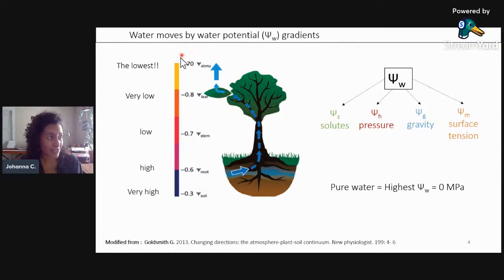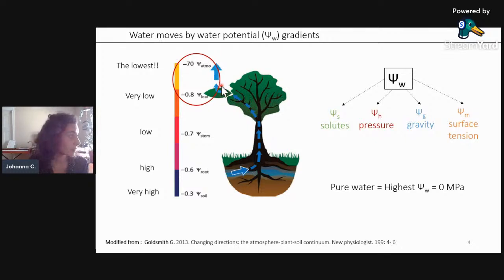So this huge difference between the leaf and the atmosphere, between minus 0.8 and minus 70, this huge gradient of water potential is what exerts that force and generates that very negative tension that pulls up the water from the soil to the leaf, where the evapotranspiration occurs.